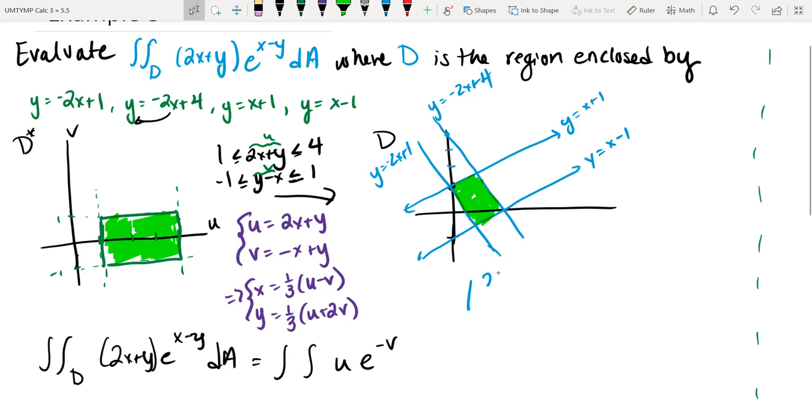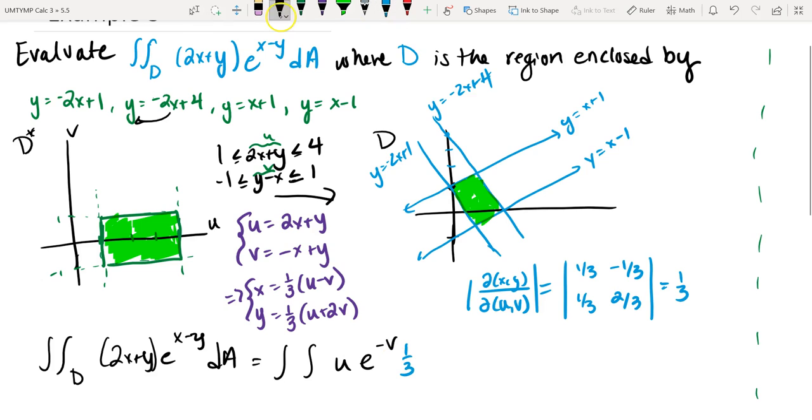The partials of x and y with respect to u and v is equal to the determinant: 1/3, minus 1/3, 1/3 and 2/3. So I get 2/9 minus a negative 1/9, so that's 3/9 total, or 1/3. So I get 1/3 for the Jacobian, and du dv.